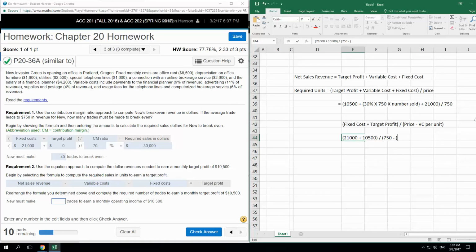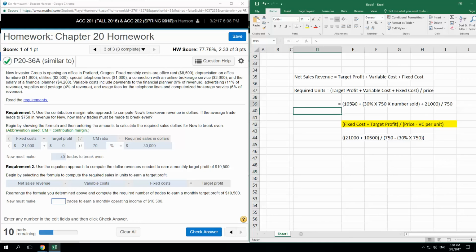You know that your variable costs are 30% times the price, so it'll be 30% times 750. If we had massaged that formula above enough, we would have gotten to this right here in yellow.